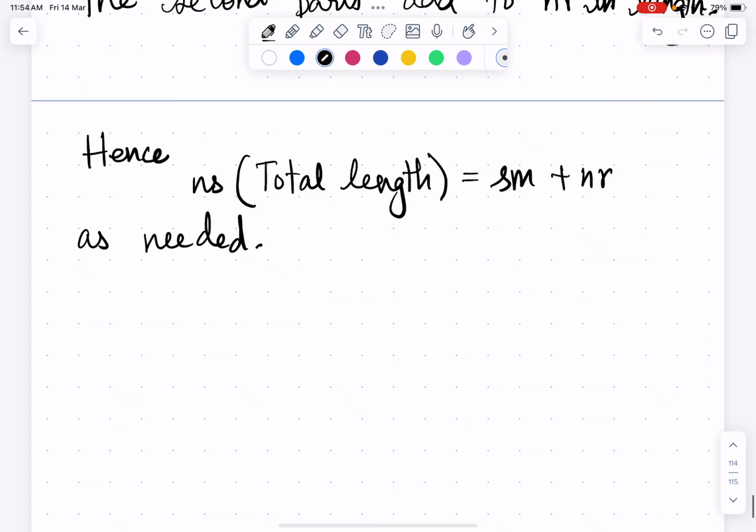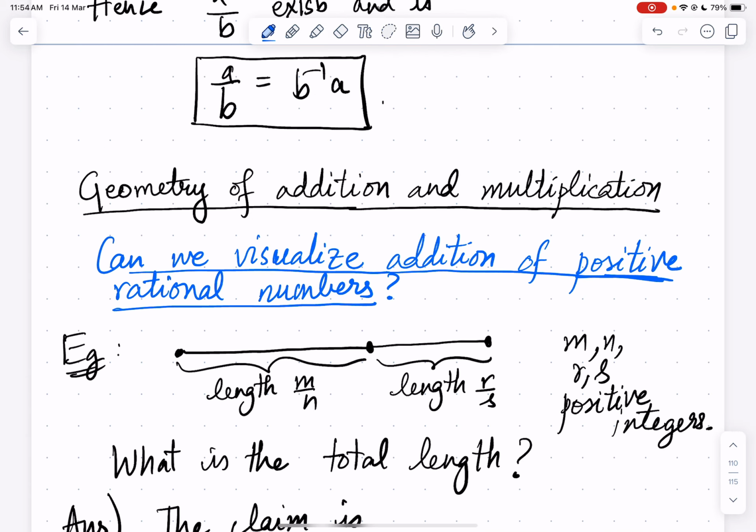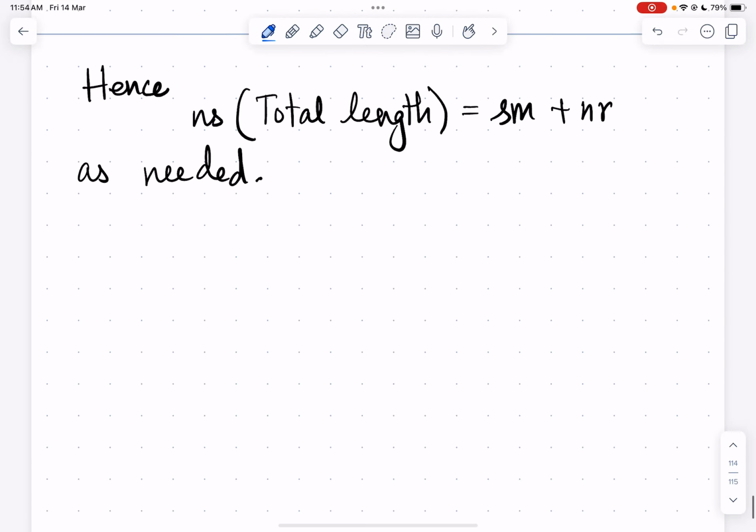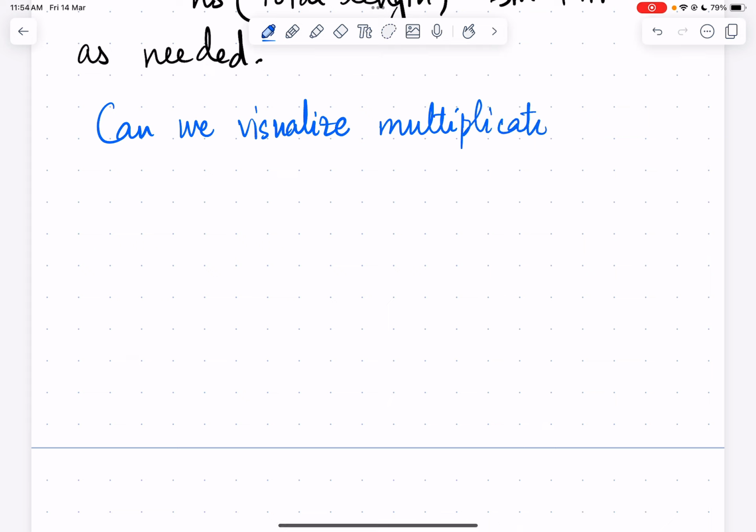Okay, so here we have visualized addition of positive rational numbers. We can ask, can we visualize multiplication of positive rational numbers?